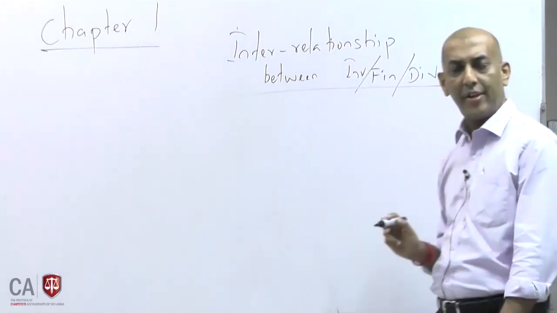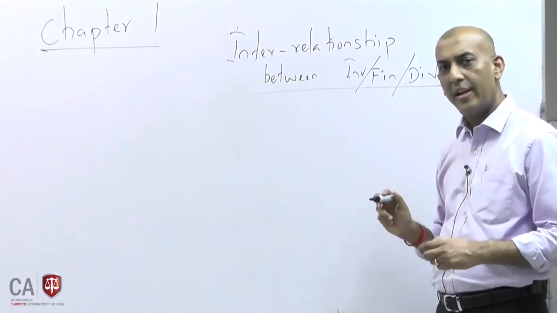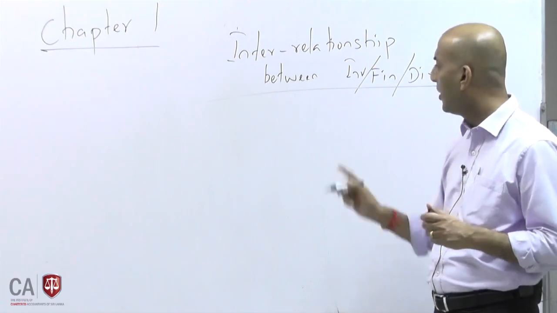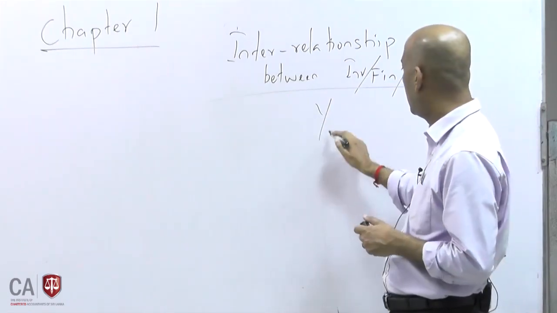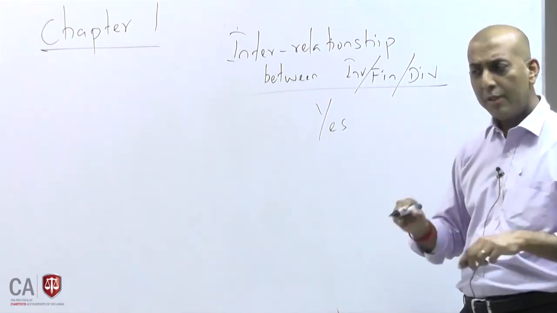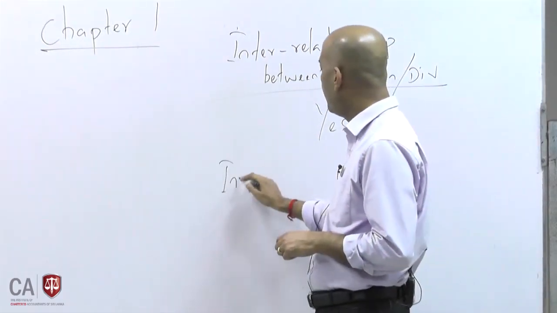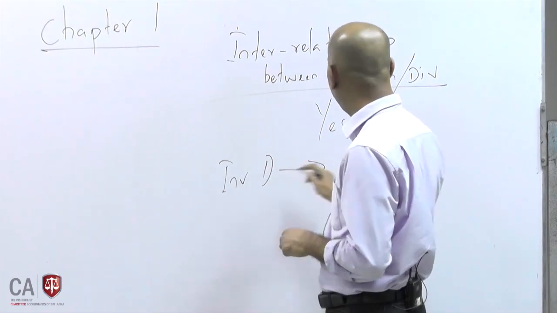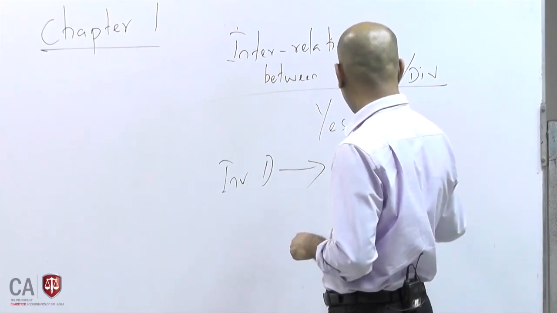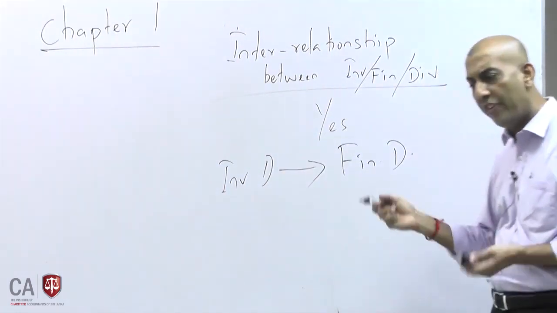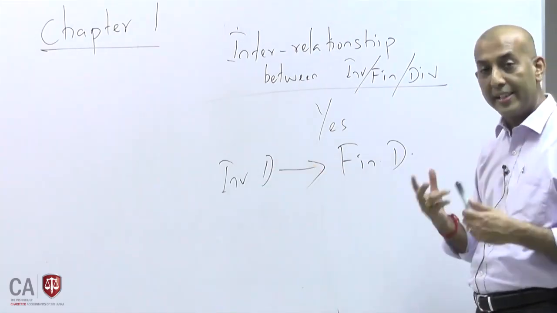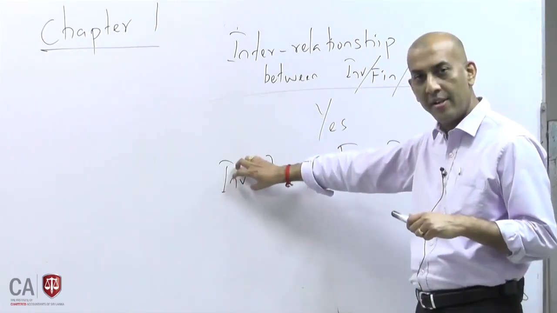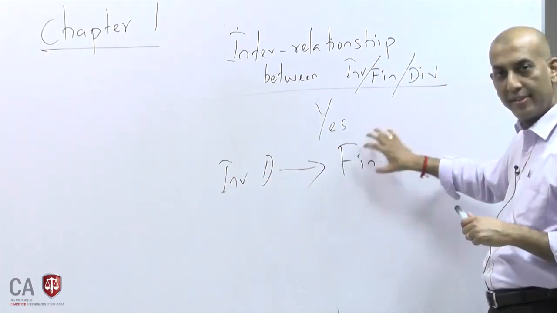The answer is yes. Investment decision, as I mentioned, results in financing decision. If you decide to buy land or a vehicle or any asset, immediately the question comes, how do I finance that?